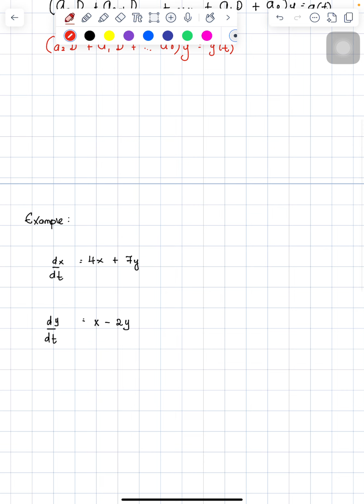First step, we have to move all terms involving x or y to the left hand side.